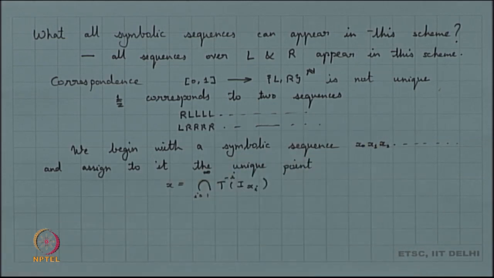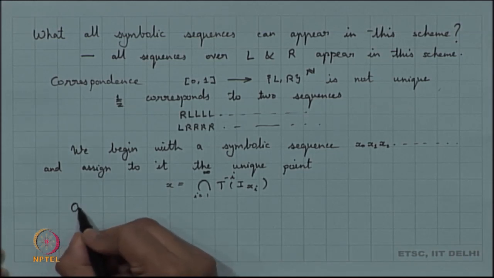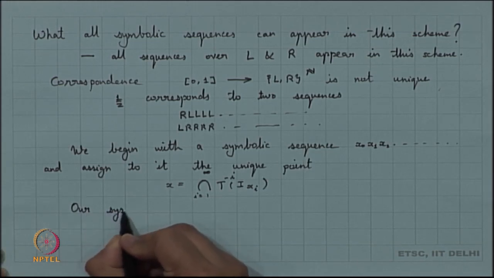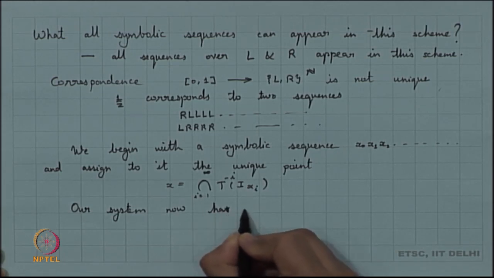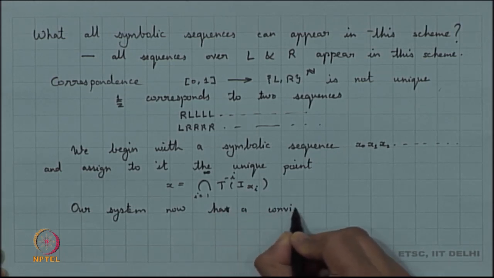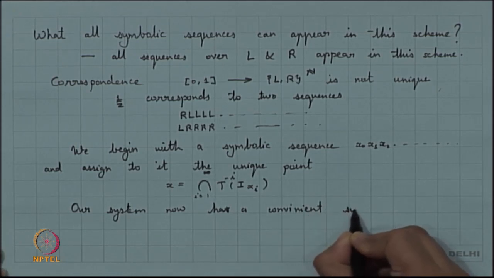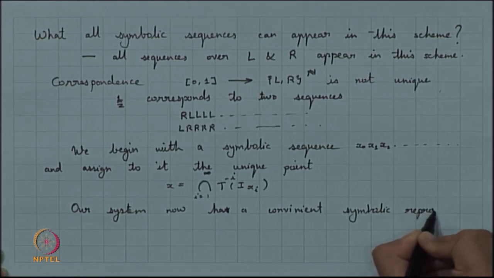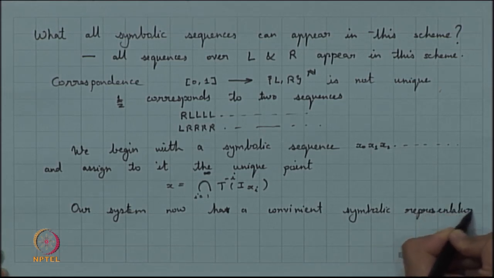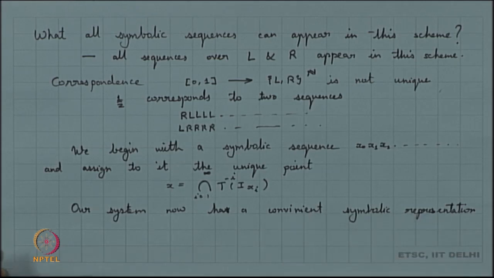So that becomes a unique point x, and with this correspondence our system now has a convenient symbolic representation. And what is that representation?